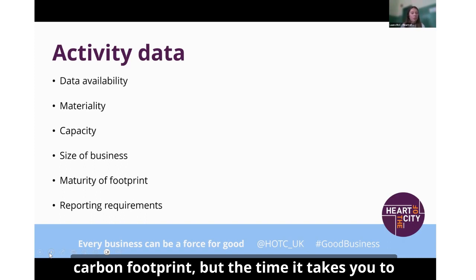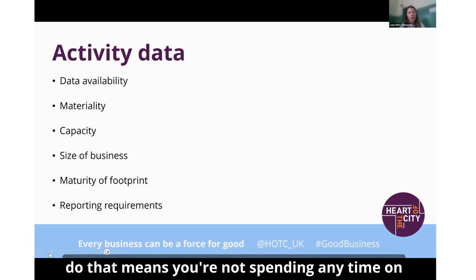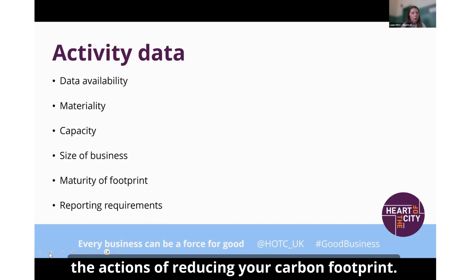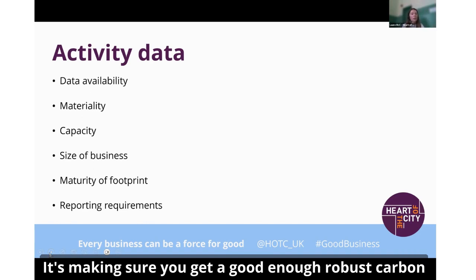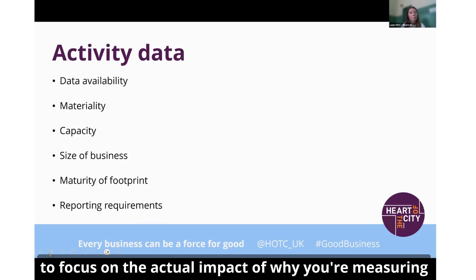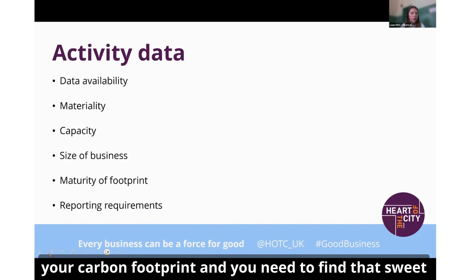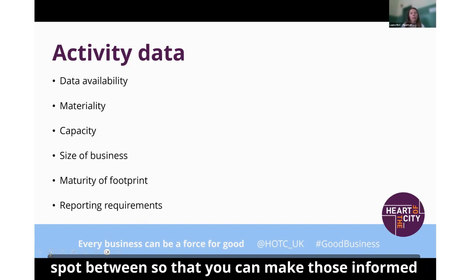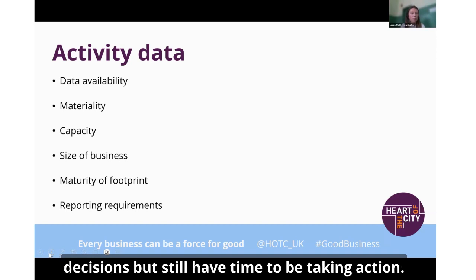But the time it takes you to do that means you're not spending any time on the actions of reducing your carbon footprint. So it's making sure you get a good enough, robust carbon footprint, but that you have enough time to focus on the actual impact of why you're measuring your carbon footprint. And you need to find that sweet spot so that you can make those informed decisions, but still have time to be taking action.